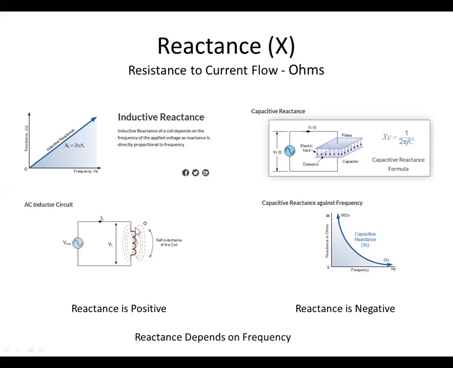Now, if you visualize what's going on in that inductor, if we're running an AC circuit, it's passing current in this direction. Then when the voltage reverses, it passes current in the other direction, and it does that back and forth and back and forth. Now, if you recall, when you flow current through a conductor, you generate a magnetic field.